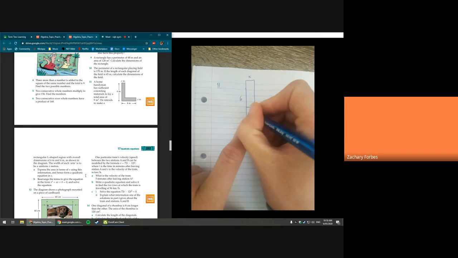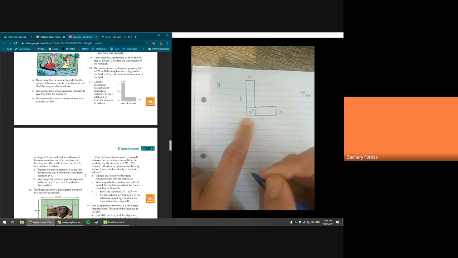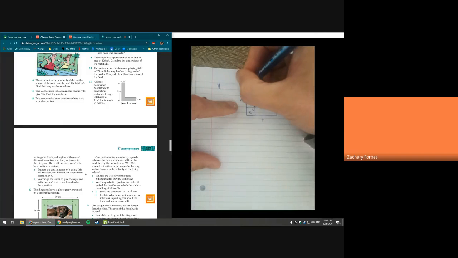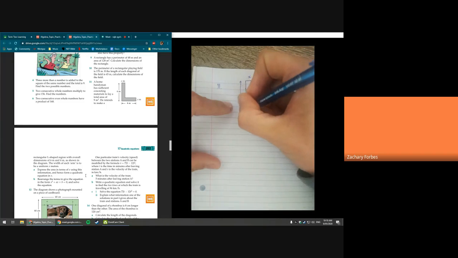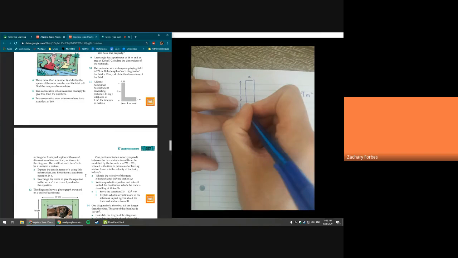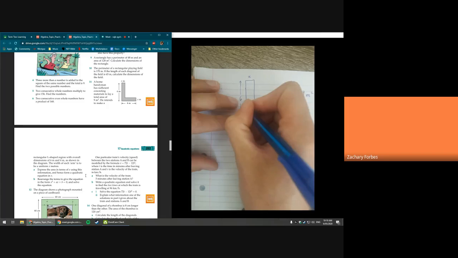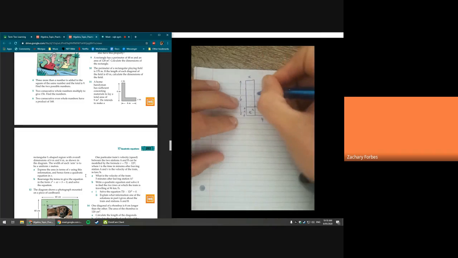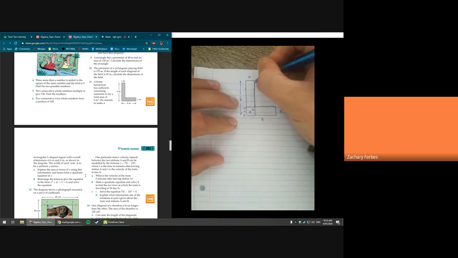We know that from the top to the bottom was 6, so this bit from here to here must be 6 minus x.